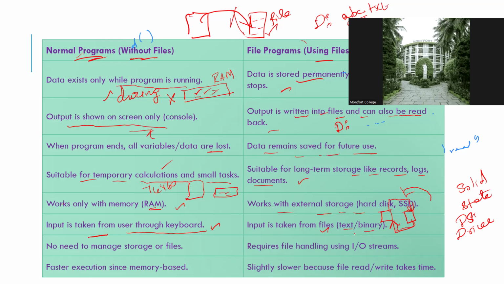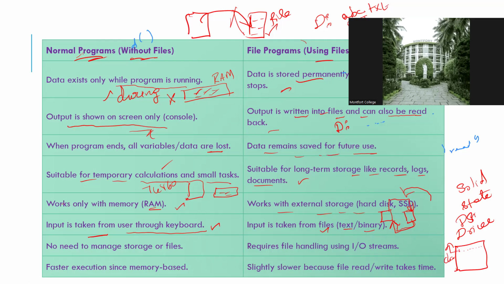Text or binary: when we have something in the notepad, that is considered as characters only, right? A, B, C, D, something is there. That can be taken out, and it will be taken character by character, one character at a time.